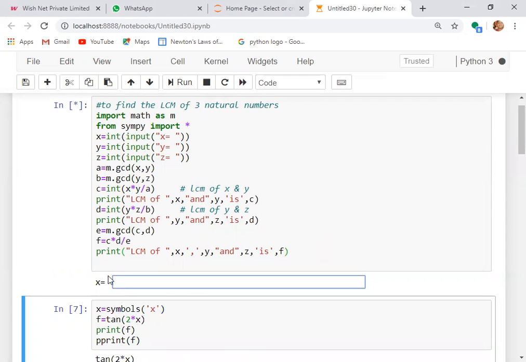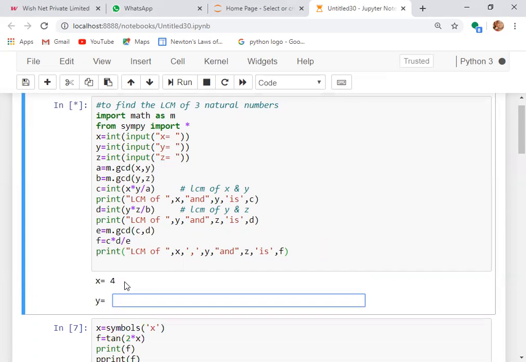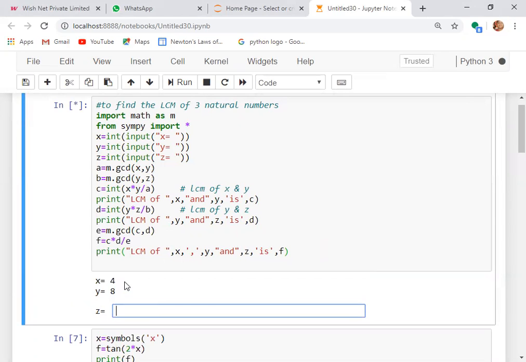We are running the same program. The program asks you to input the first number. If I input a small number, let it be 4. Now you have to put the second number, let it be 8. We take a simple example so that the LCM will be easily understood by us.